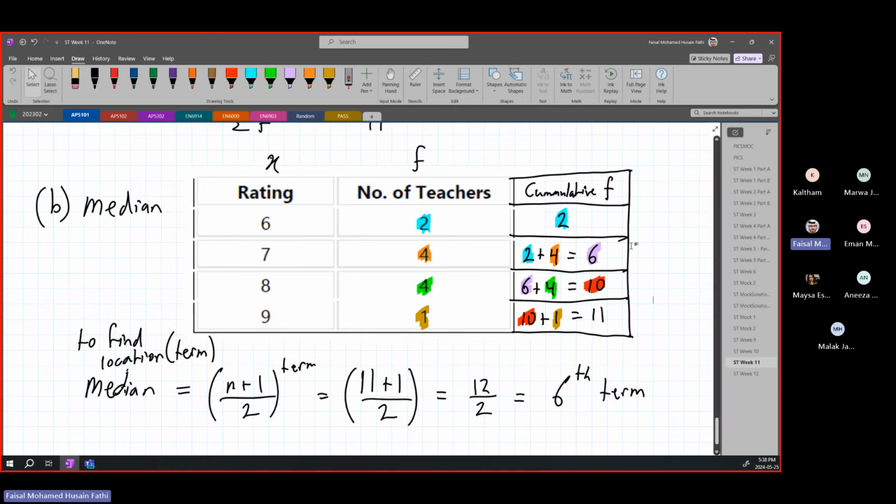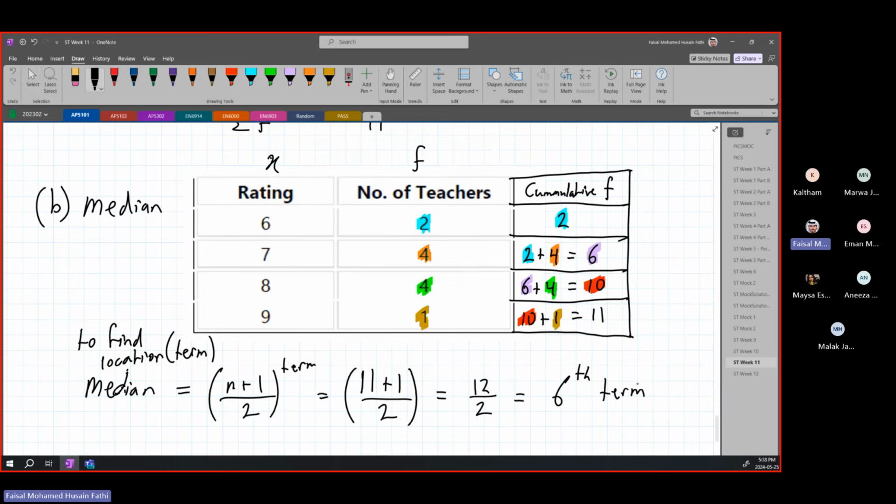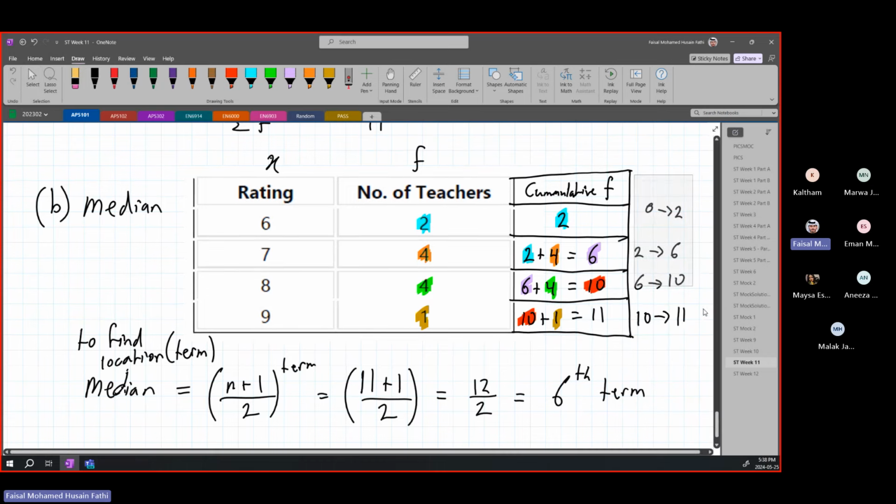So you're going to go to this value, and you will see where the sixth term is. Remember, this basically means from 0 to 2 is over here. This is from 2 to 6. This is from 6 to 10, and this is from 10 to 11. This is the order of your values.